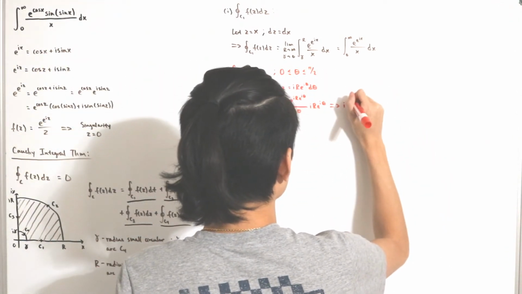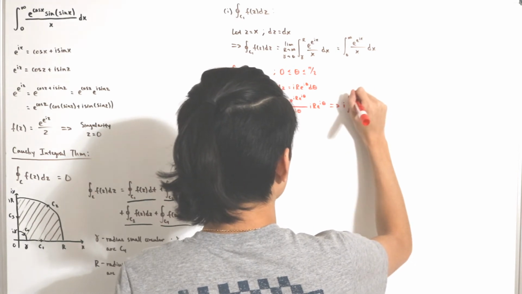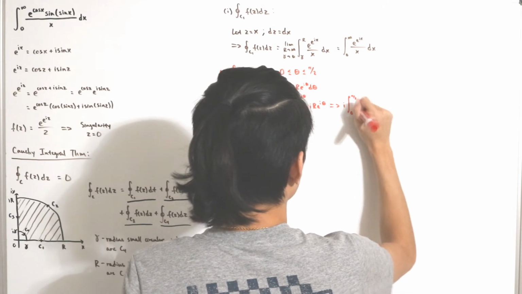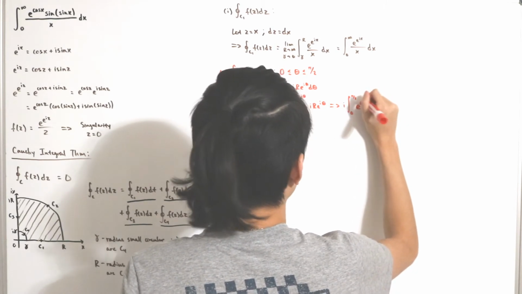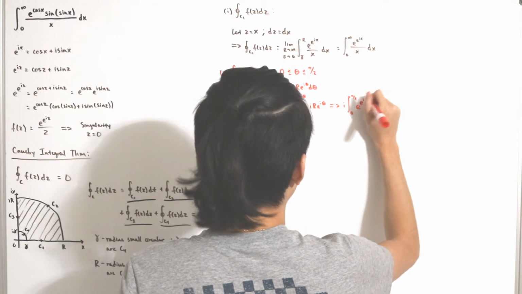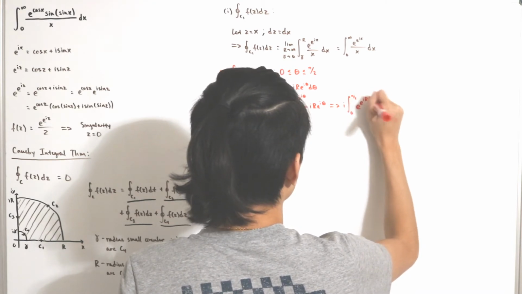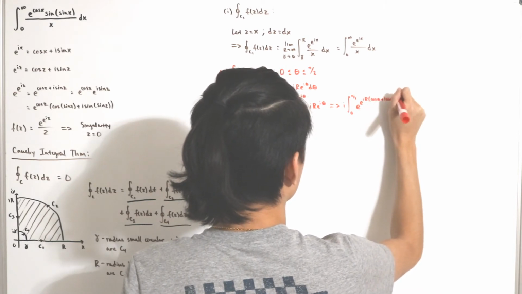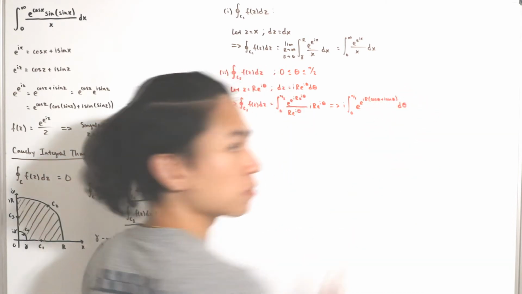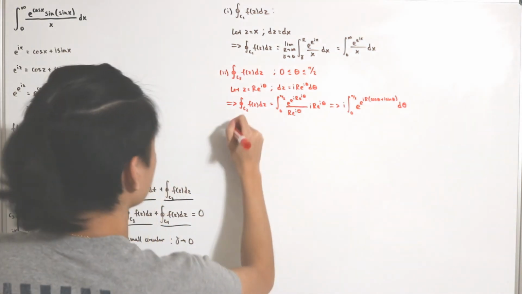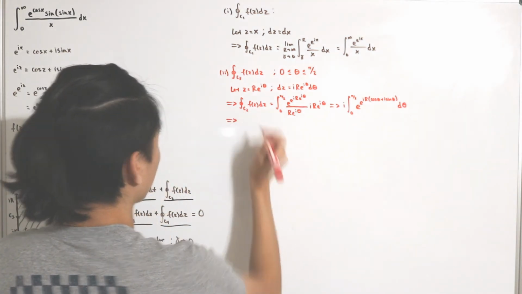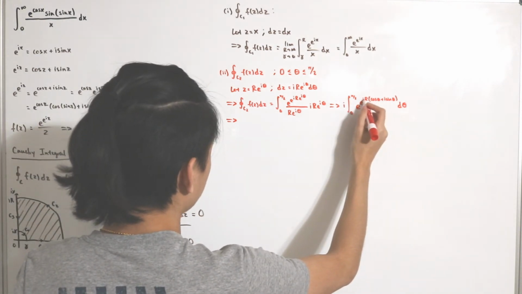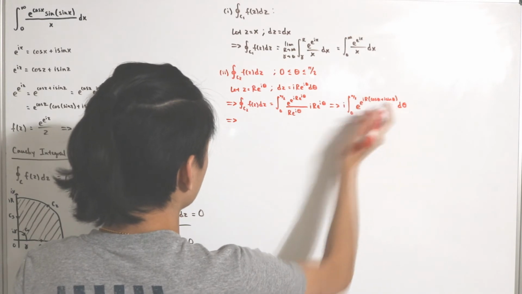So this is i multiplied by the integral from 0 to pi over 2 of e to the power i times R times cosine theta plus i sine theta, and then d theta. Nice. Now let's simplify by distributing the i into the exponent.